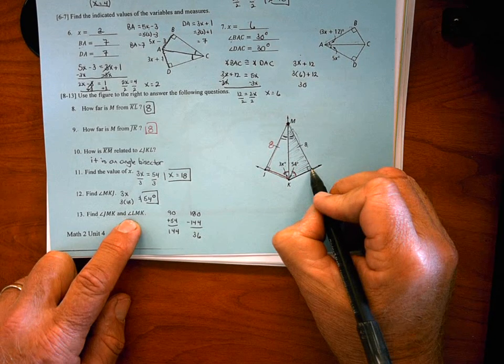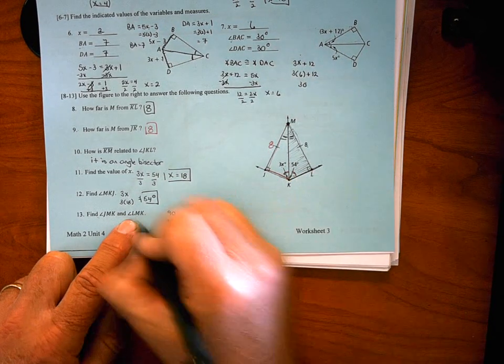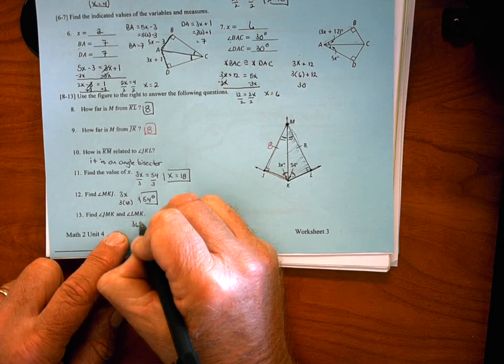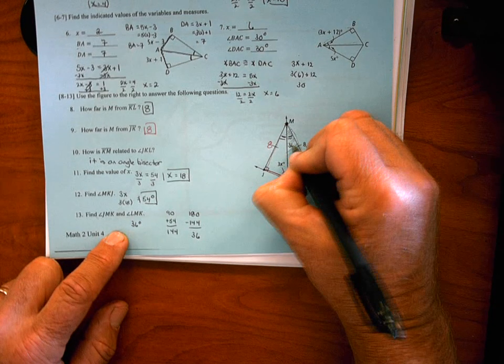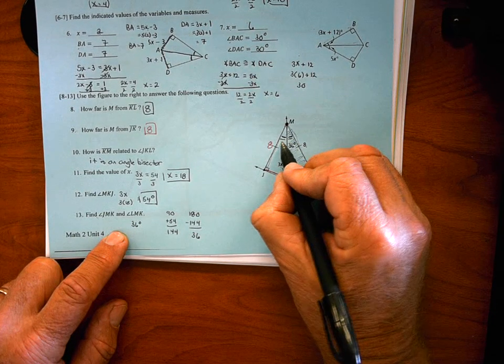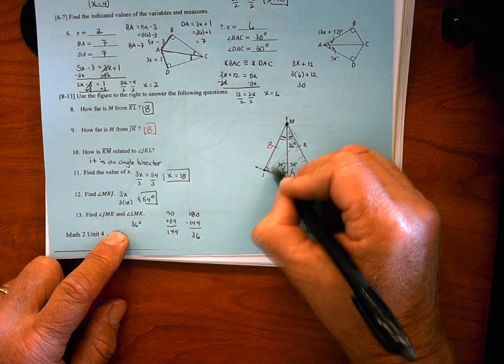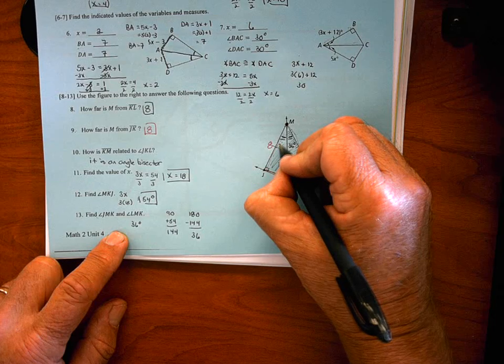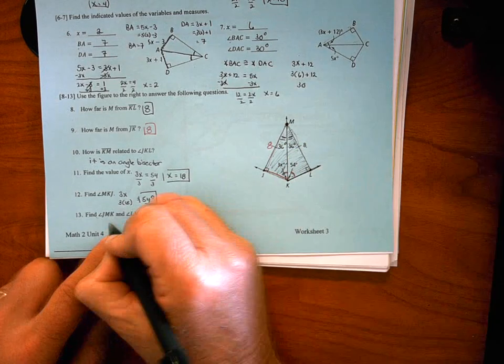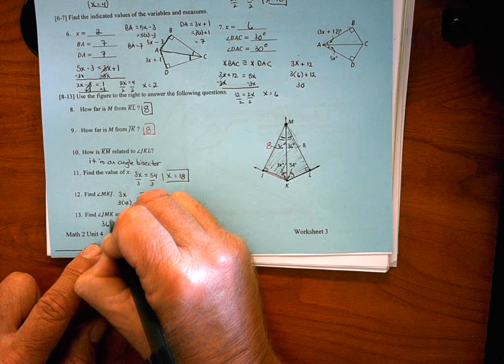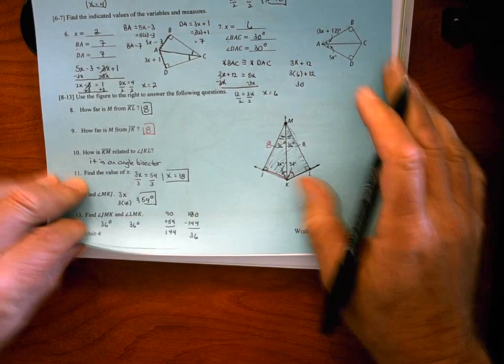So angle LMK is 36 degrees. Okay, so that angle is 36 degrees. Well, how many degrees does that angle have to be? It has to be the same. These two triangles are the exact same triangles. They're congruent. So angle JMK is 36 degrees as well. There we go.